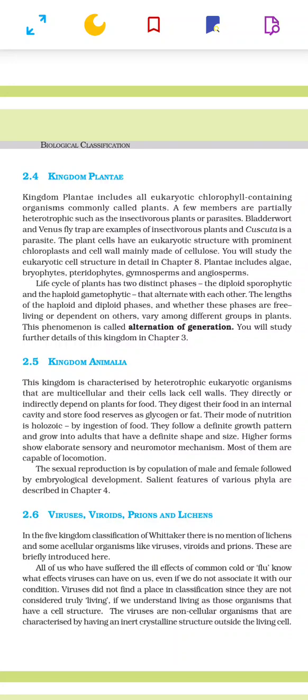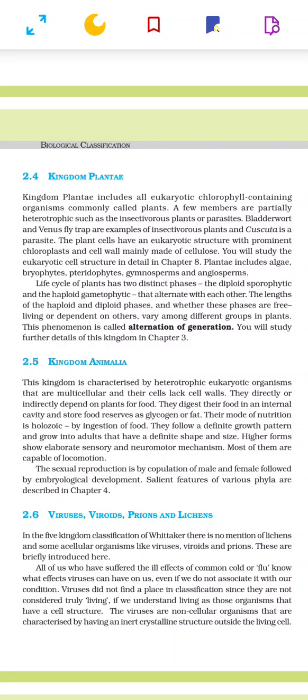By ingestion of food, they follow a definite growth pattern and grow into adults that have a definite shape and size. Higher forms show elaborate sensory and neuromotor mechanism. Some of them are capable of locomotion. The sexual reproduction is by copulation of male and female followed by embryological development. Salient features of various phyla are described in chapter number 4.